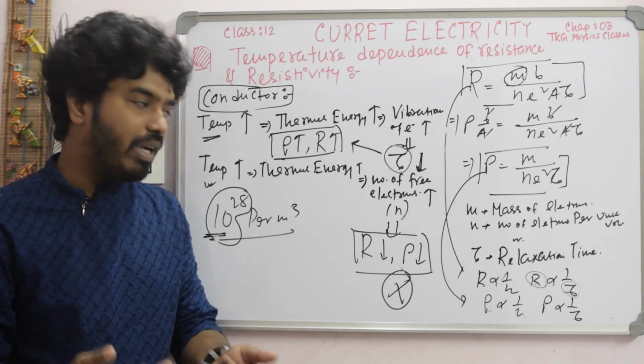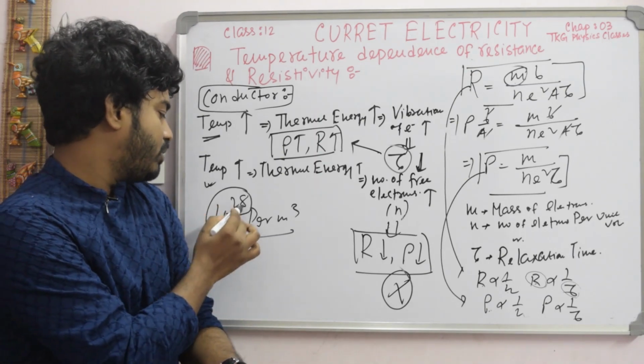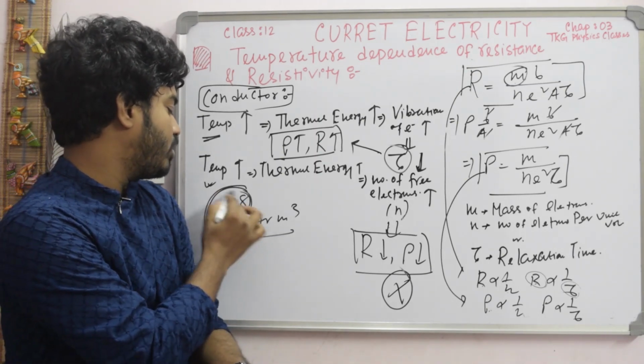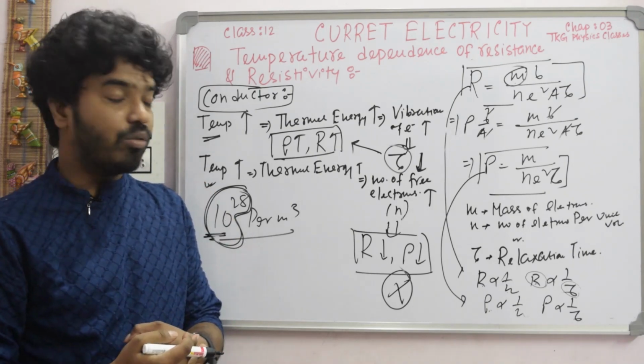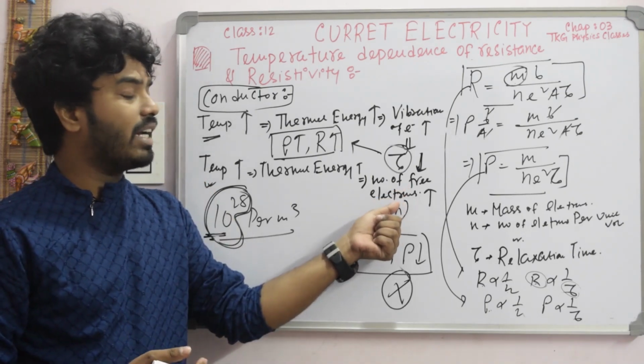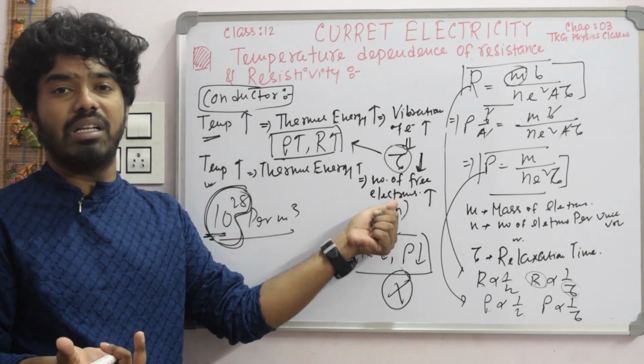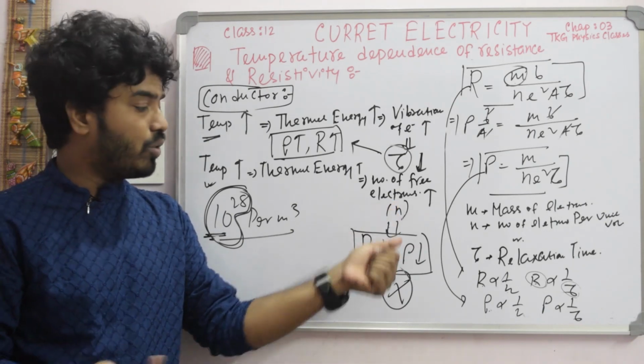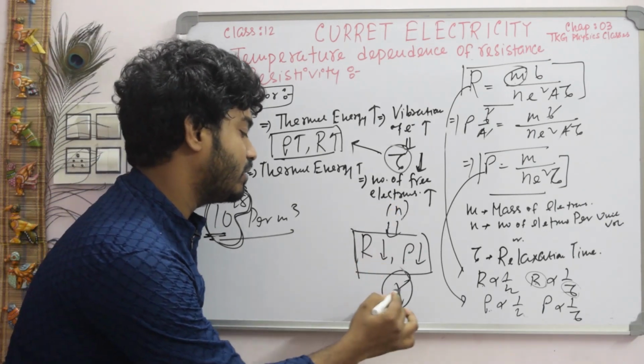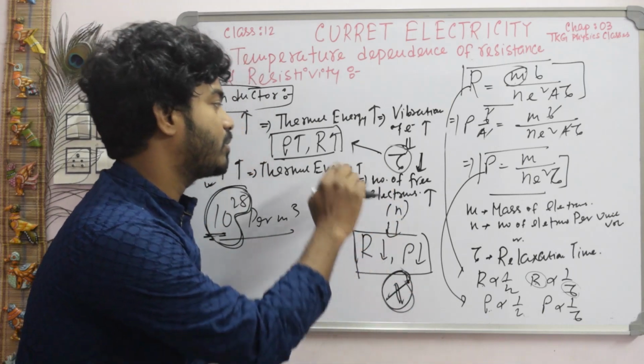Why? Because with respect to 10 to the power 28, the increase in the number of free electrons is negligible. So this factor is dominated by the other one.